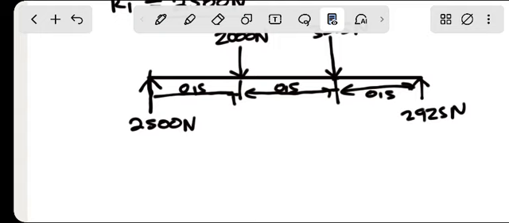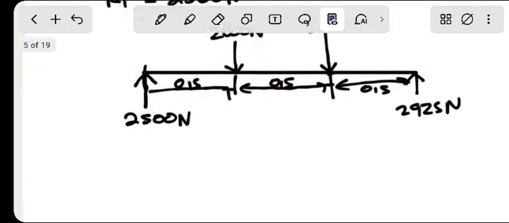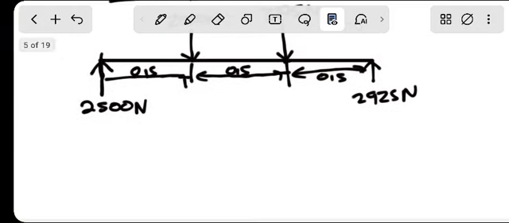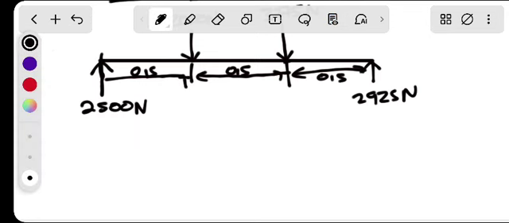We want to find that. So we're supposed to draw our shear force. Okay, you still remember the shear force. Let me try. We want to draw the shear force.